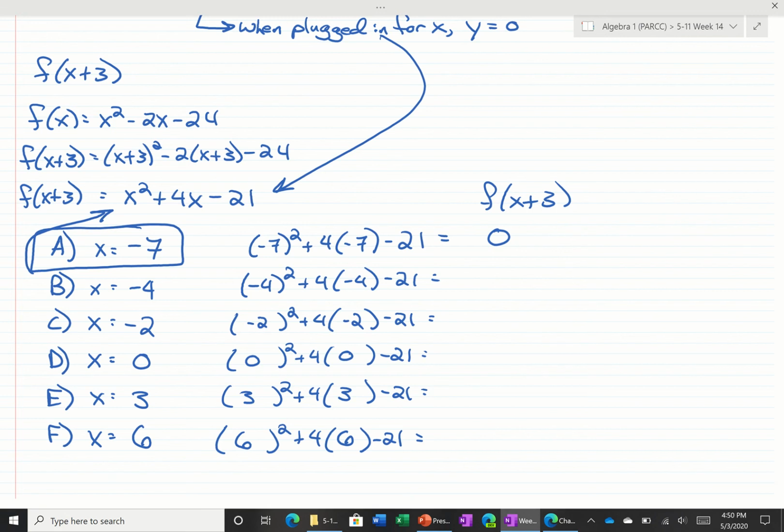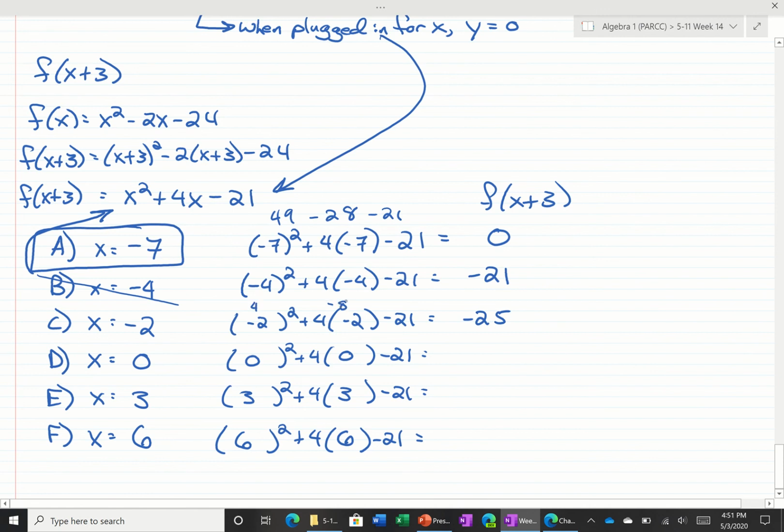And if we do that, 16 minus 21 is negative 21. That's not 0, so that can't be an answer choice. For this first one, this would be 49 minus 28 minus 21. That's where 0 came from. For the second one, if we plug in negative 2, we would get negative 25. This would be 4 minus 8 minus 21. That would be negative 25.